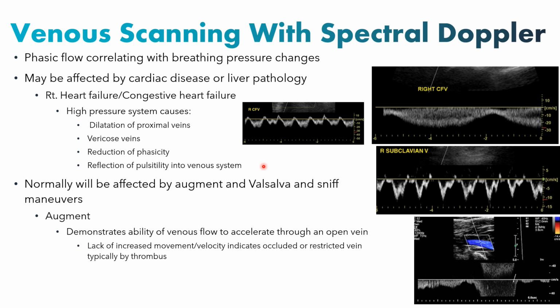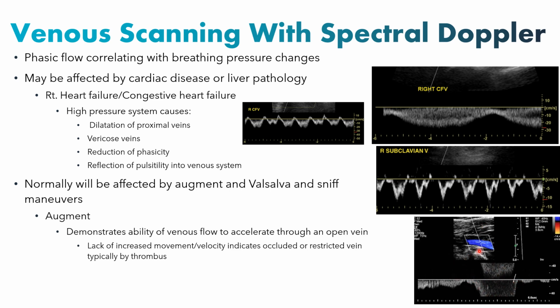We can also use different maneuvers to cause the blood to do things to test it. One of the typical maneuvers we use is an augment, like I talked about for the color flow, just as it forced that flow forward, creating movement, creating a color burst, we can use that to create a spectral burst as well.